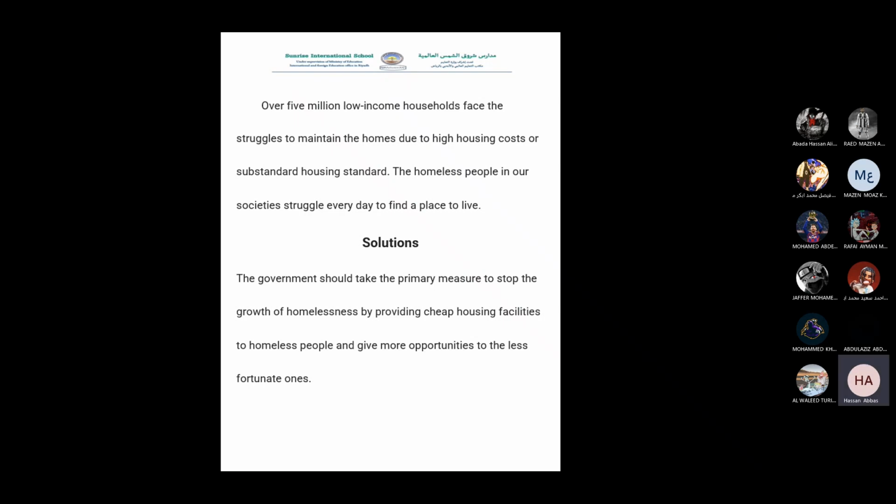Everyone must help the government to solve the problem of homelessness. The government should take the primary measure to stop the growth of homelessness by providing cheap housing facilities to homeless people and give more opportunities to the less fortunate ones.